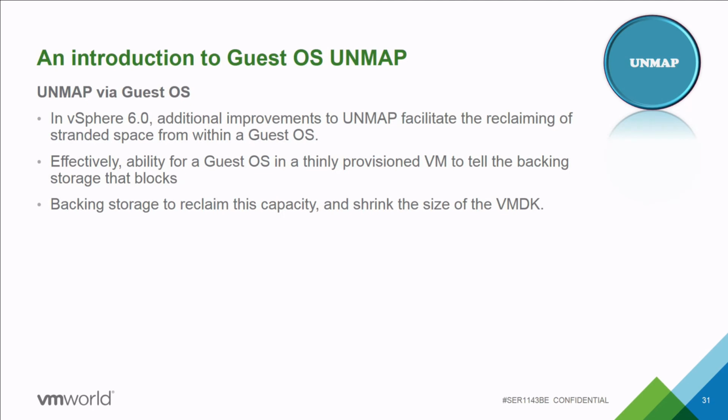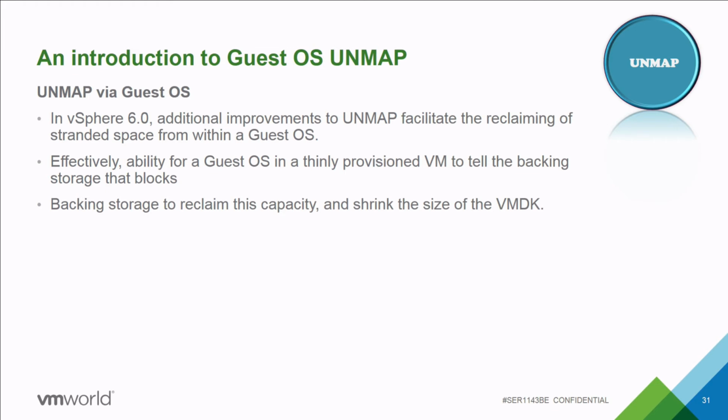So that's VMFS unmap. What about in-guest unmap? This has also been quite dramatically enhanced inside of 6.5. How in-guest unmap works is ESX now allows the guest OS, Windows, Linux, whatever, if it supports unmap, to issue unmap to its own virtual disks, NTFS, XFS, ext4, whatever.